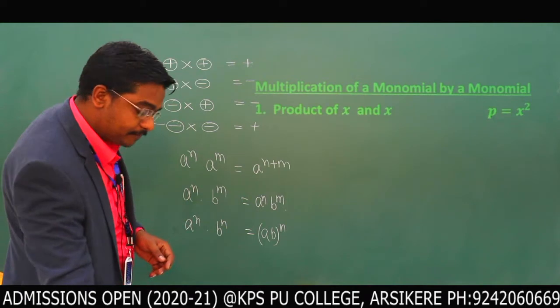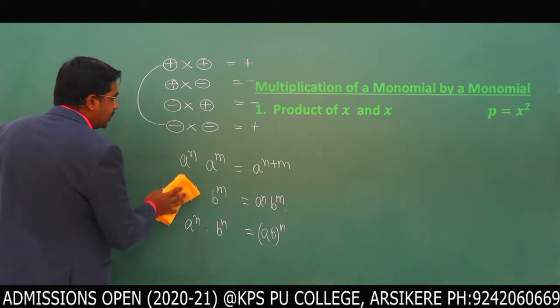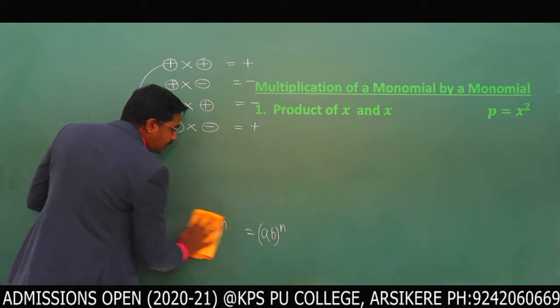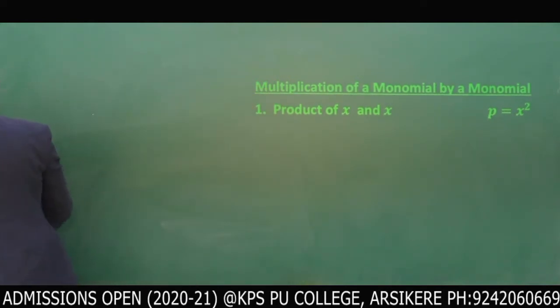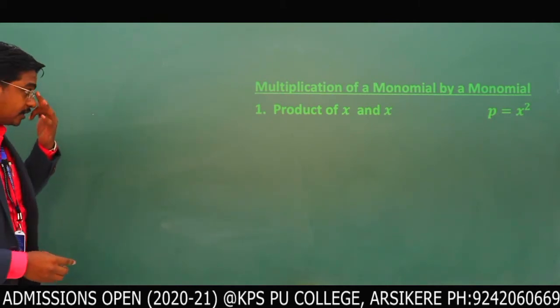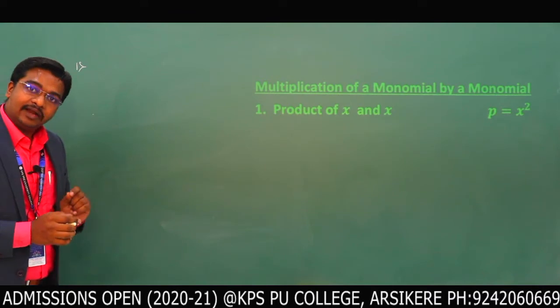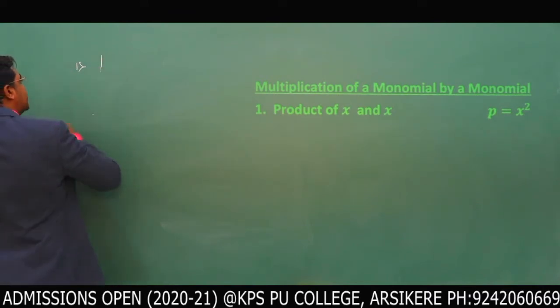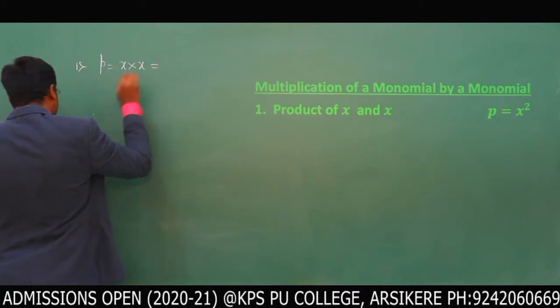Now we will discuss here. First one, product of x and x. Just observe that both are like terms. Like terms means having the same algebraic factors. So P is equal to x into x.